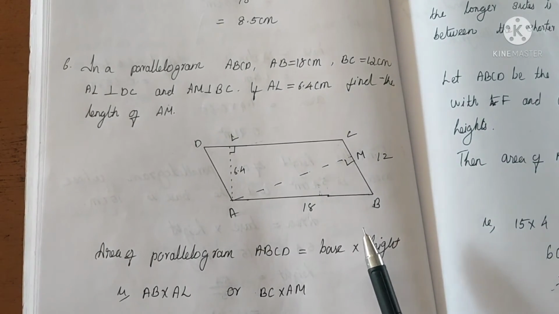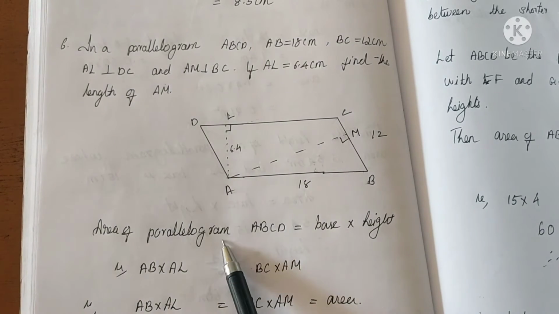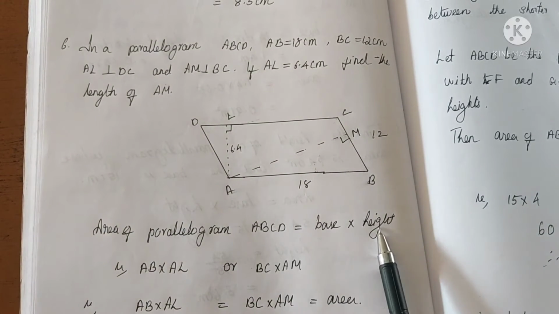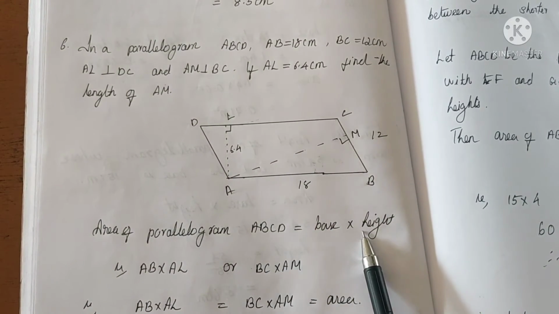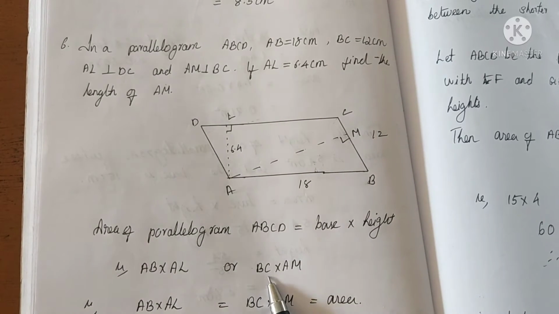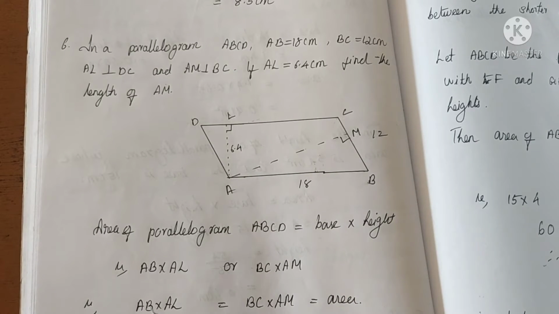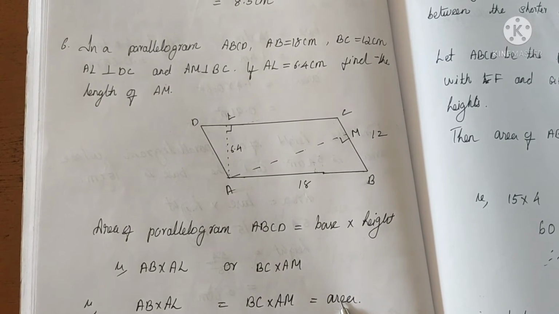So that point we can use here for finding the length of AM. Area of the parallelogram ABCD is equal to base into height. This area we can find in two methods, AB into AL or BC into AM. Okay, now we can substitute the values here. Both are equal to area of parallelogram.